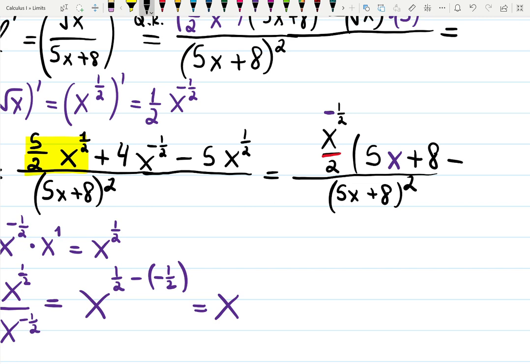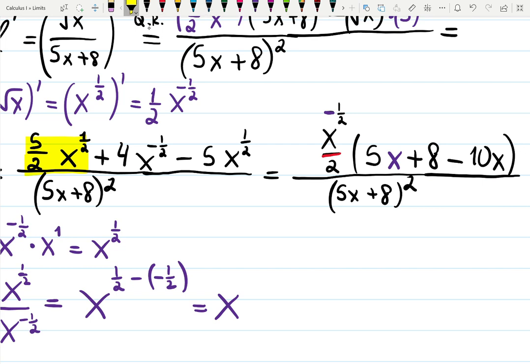Oh, we could actually add up 5 over 2 and 5 x to the minus 1/2. I just realized that, but it's fine. So I will have 5, but I'm dividing by 1/2, so I'm multiplying by 2. That's going to be 10x. And again, I will have just x. So did you understand how I got that part?